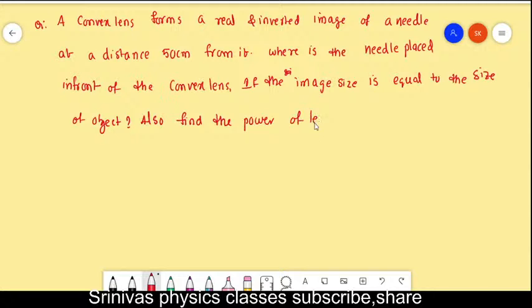This is our question. I don't know whether you will give the solution or not. Once read yourself and try for the solution. A convex lens forms the real and inverted image of a needle at a distance 50 centimeters from it.